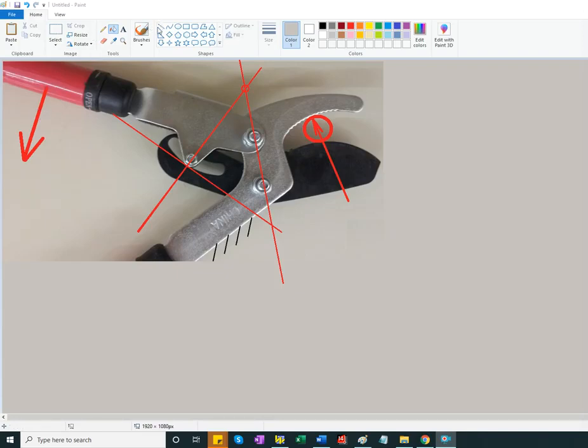I need to switch to a cursor. Okay, so distance from here, let me switch here. So this distance would be the arm of the operator force, and this distance is going to be the arm of the resistant force when cutting this kind of branch.